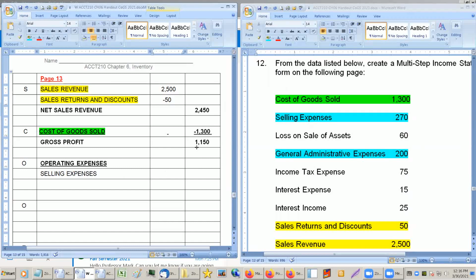I think I'll put these as a separate line. Okay, so this is 270.